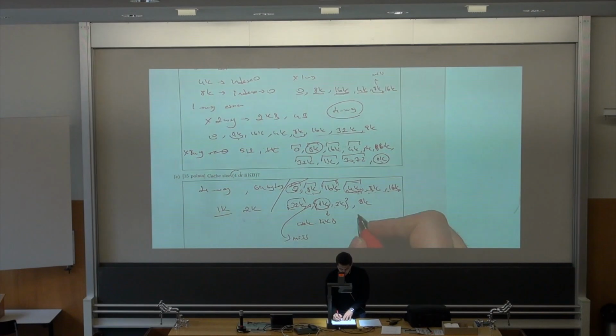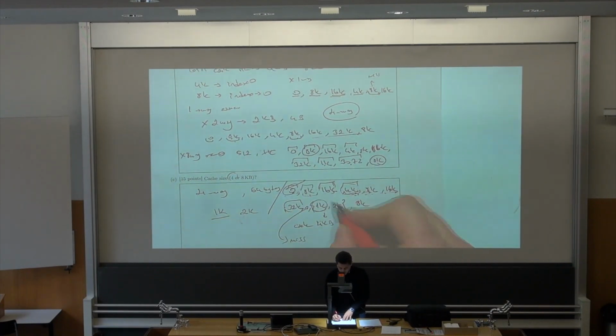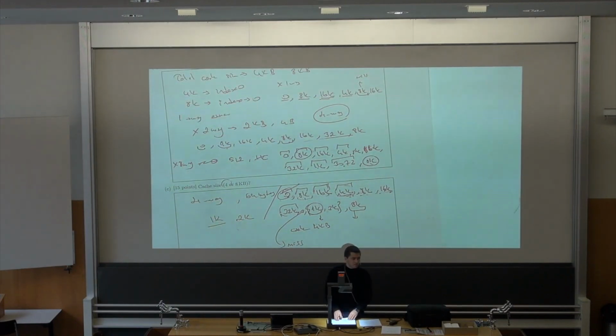So why is this important? If the cache size is 4 kilobyte, this means that we will have to replace the address of 8K, and then the 8K here will be a miss. So this shouldn't be a miss. Why?